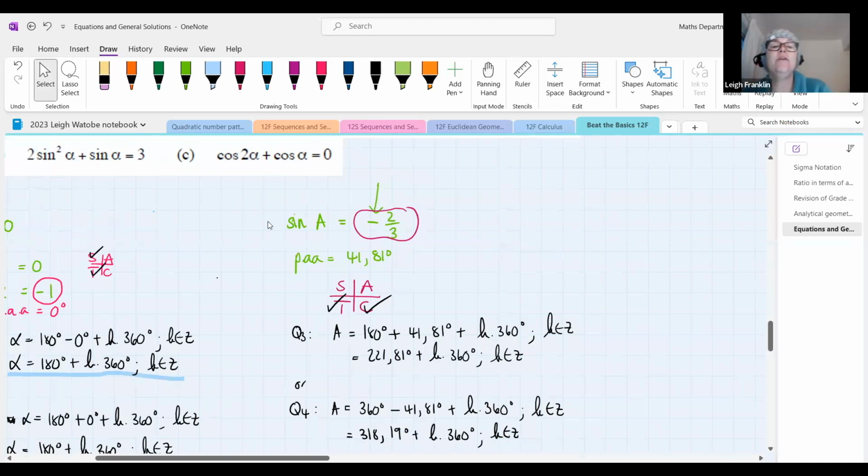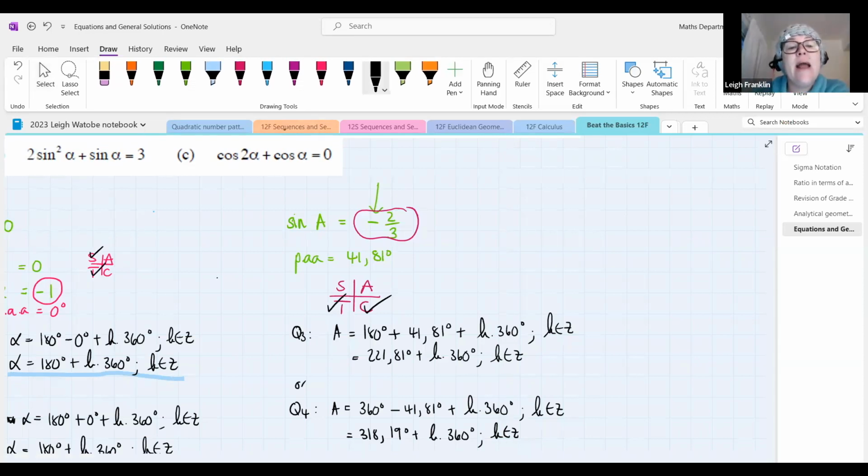So if you have got a negative ratio, you do not use the negative to calculate the PAA. You ignore the negative and calculate your PAA so that it is a positive acute angle, less than 90. If you are working with sine A and it's negative, you will be working in quadrants 3 and 4.